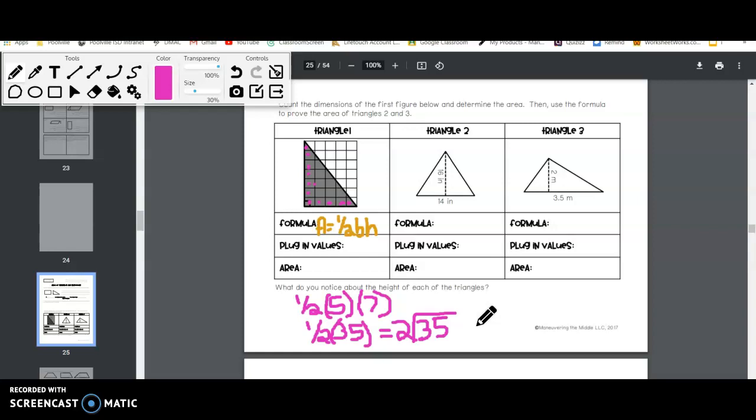So if we were to do that, 35 divided by 2 equals, you would get 17.5. And remember that area is always in units squared. Okay?